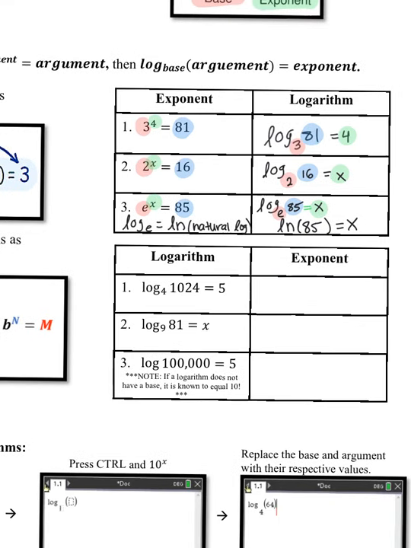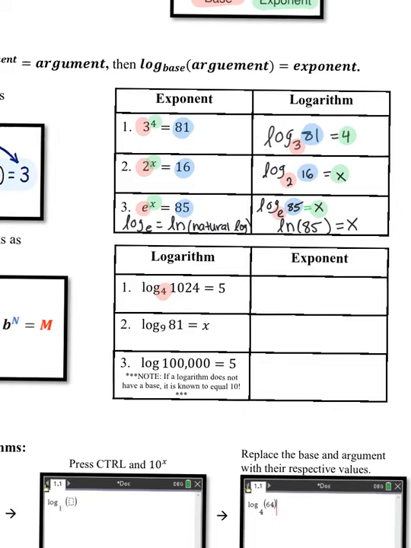This next section is about going backwards. You just went from exponential form to log form. Now we're going to go from log form to exponential form. So that means I need to have a base, an exponent, an equal sign, and then another number. The base here on number 1 is going to be, what color to use for base? Red.